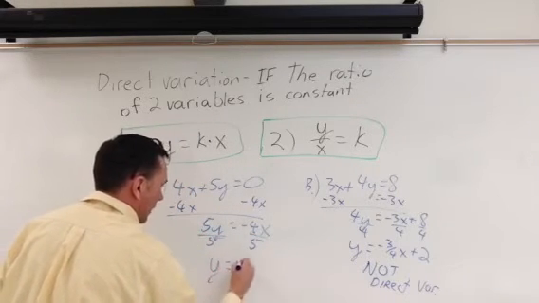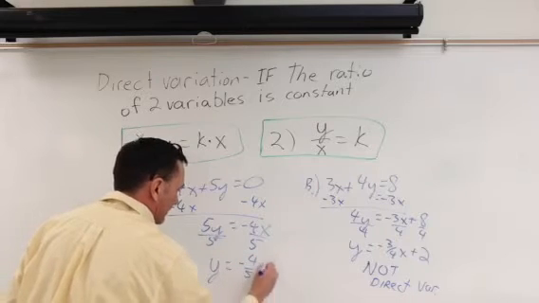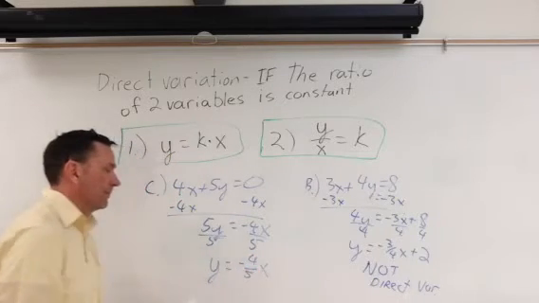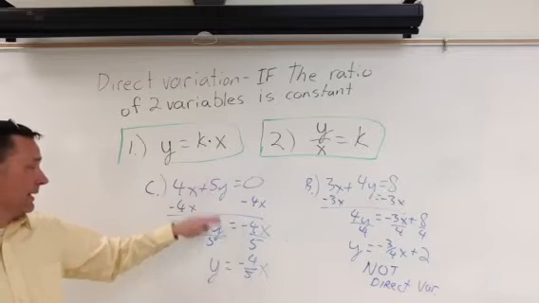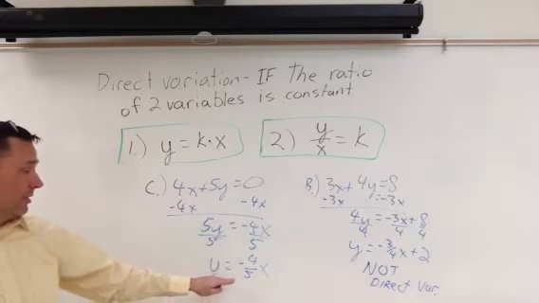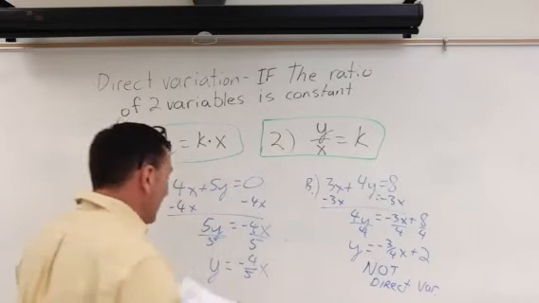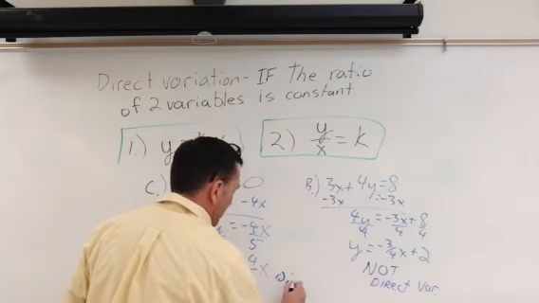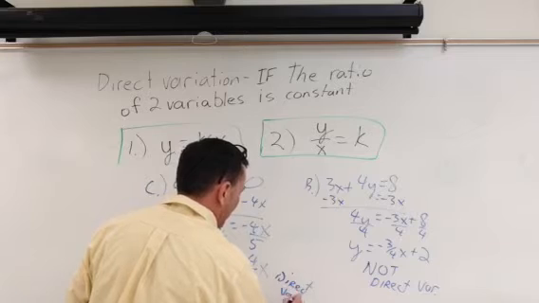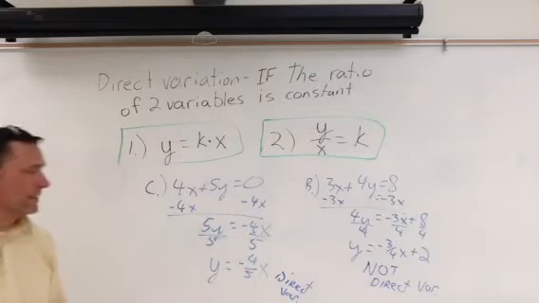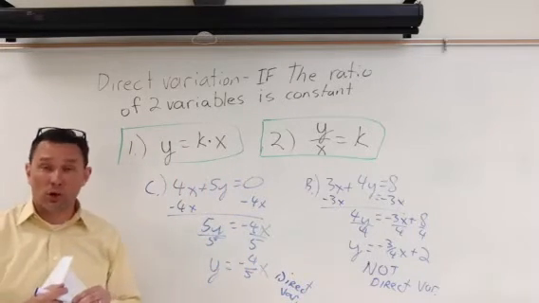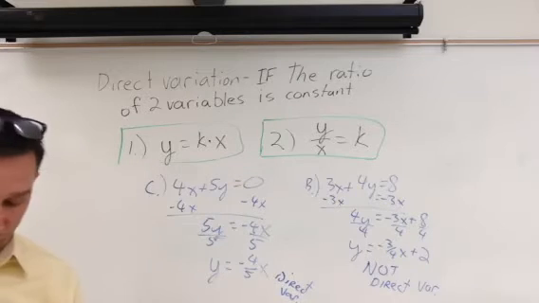And we end up with y equals negative 4/5 x as our answer. Once I transformed it into y equals, no more addition or subtraction. So again, letter C, this is direct variation. This one is. If we graph this out, you'll see that it will go right through the origin with the points 0, 0.